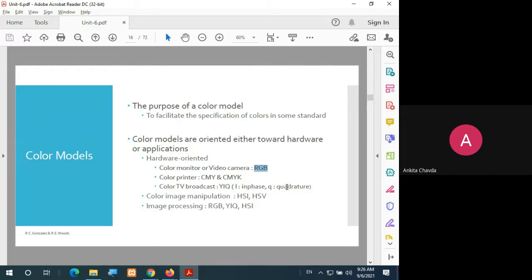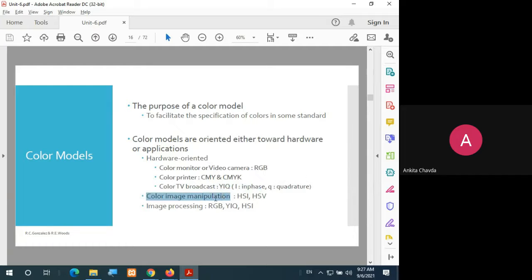Then color printers use the CMY or CMYK model. If it is color TV broadcast, then they use the YIQ model. That is not in our syllabus, I just mentioned it as an application. We are not going to see YIQ.